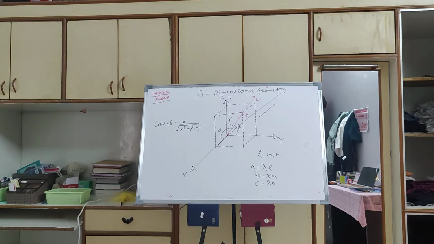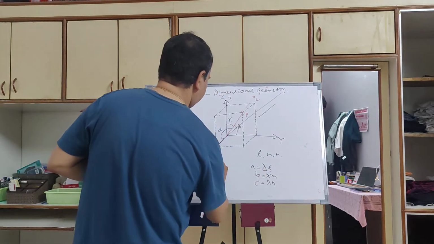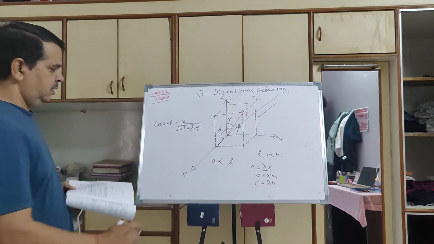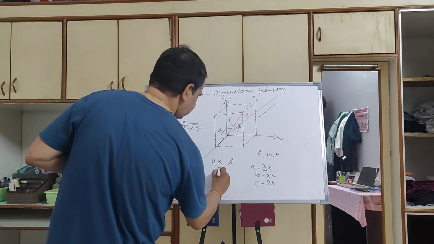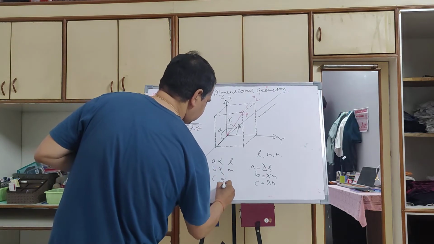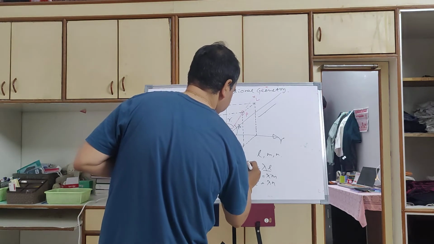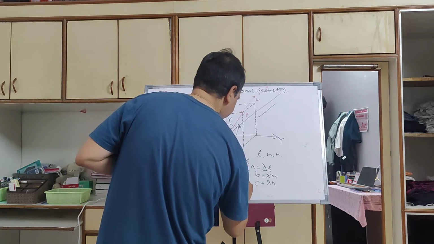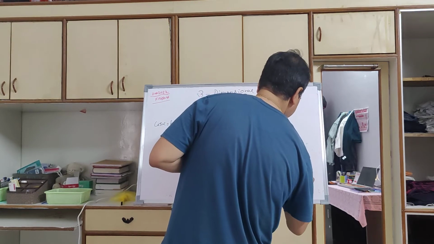Any number which is proportional to the direction cosine is called a direction ratio. Like A is directly proportional to L, and lambda will be the proportionality constant. B is directly proportional to M, C directly proportional to N. So A can be written as lambda L, B as lambda M, C as lambda N. So these A, B, C are direction ratios.